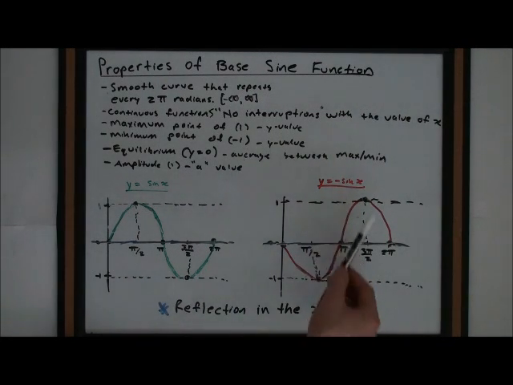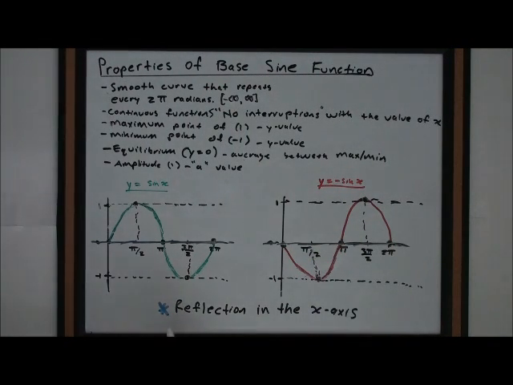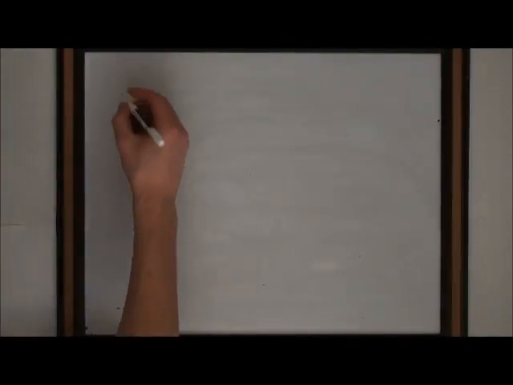In the negative sine graph, your maximum will occur at 3 pi over 2 radians. So the key difference is the reflection in the x-axis. The next thing I'm going to talk about is transformations of a sine function.